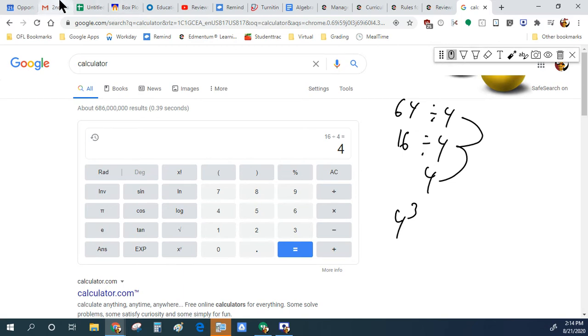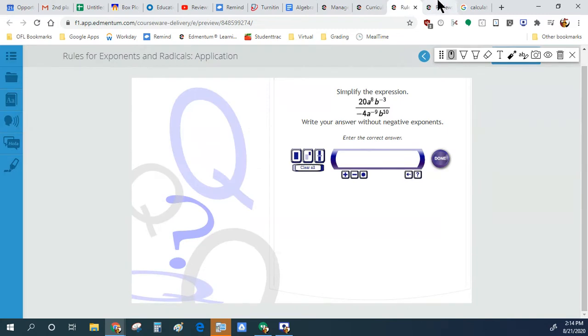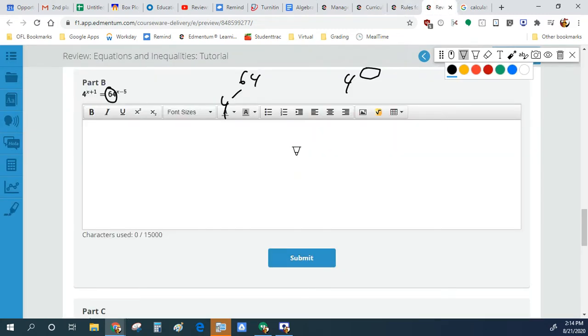So in other words, this is 4 to the x plus 1 equals 4 to the third, parentheses x minus 5. Since we have an exponent to an exponent, I'm going to have to multiply these two together.